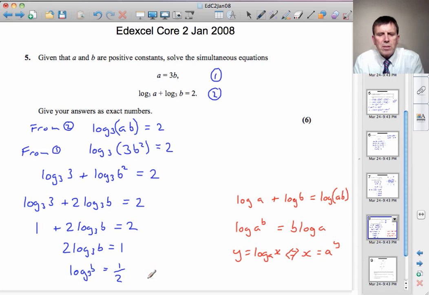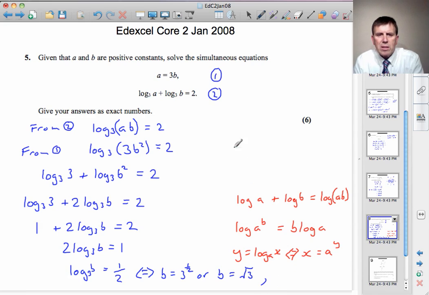Now if log b to the base 3 is a half, that is the same as saying that b is equal to 3 to the power a half, or b is equal to the square root of 3, 3 to the power half being the square root of 3.